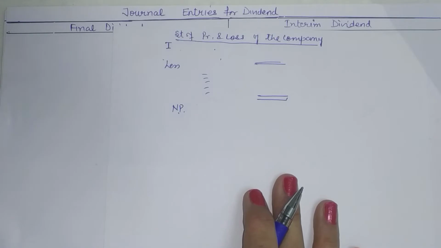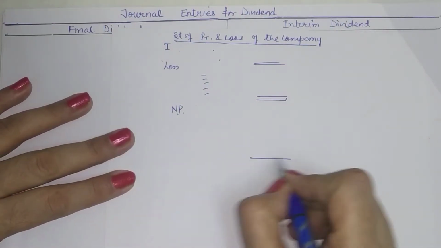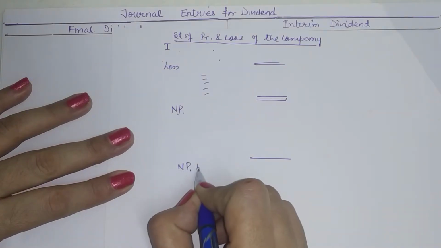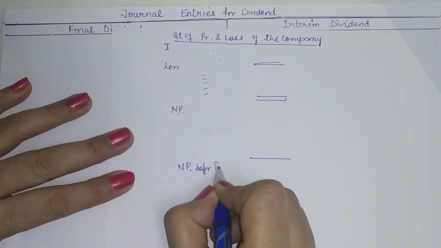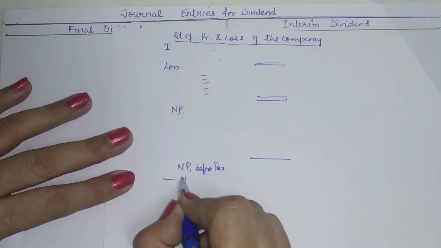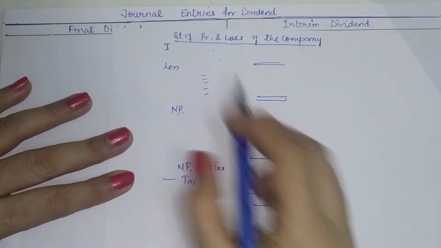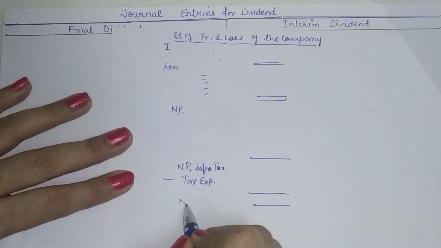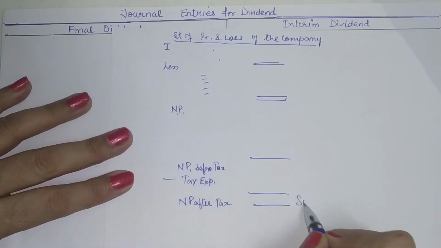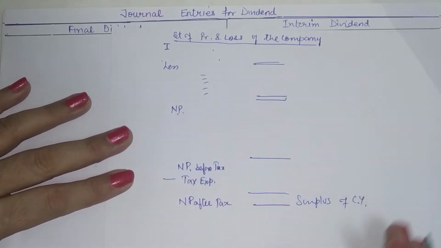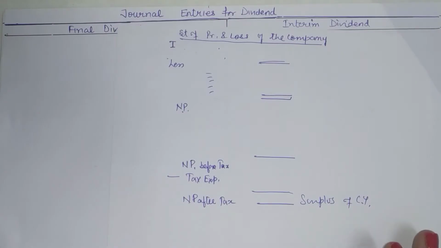Before extraordinary transactions and tax, etc., then you deduct those transactions, and finally you come up with net profit before tax, and then the tax expense is deducted from this statement, and then you get net profit after tax, which is your surplus for current year, which then is adjusted or added in the surplus carried balance.